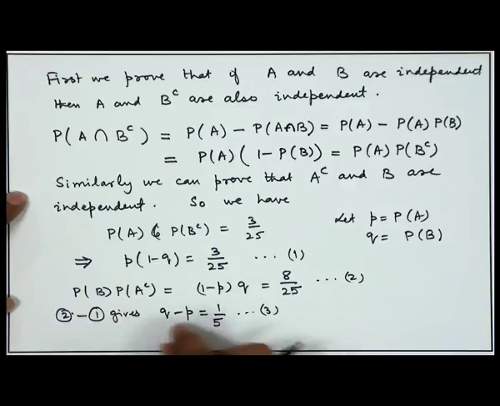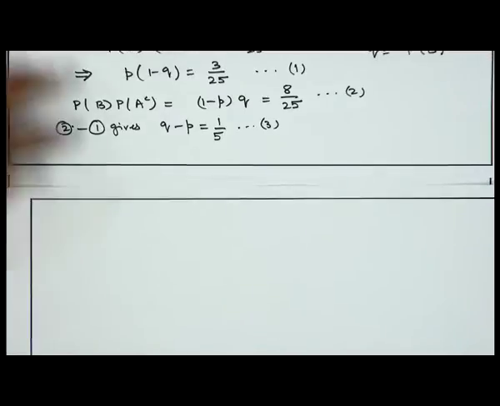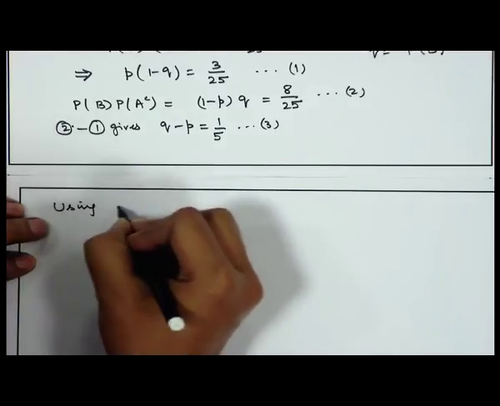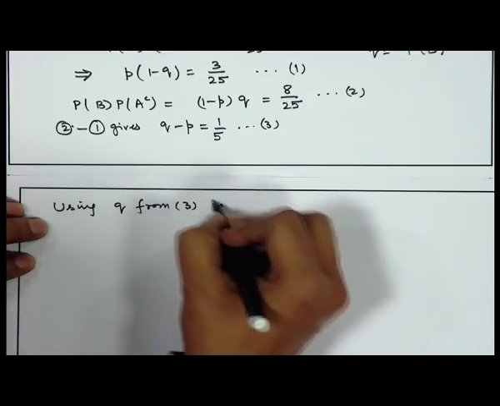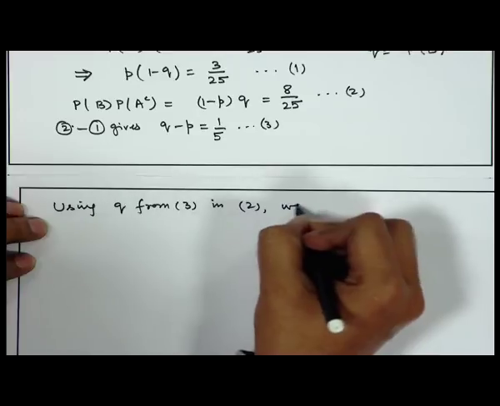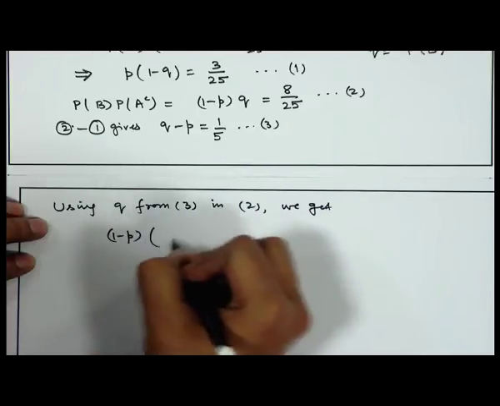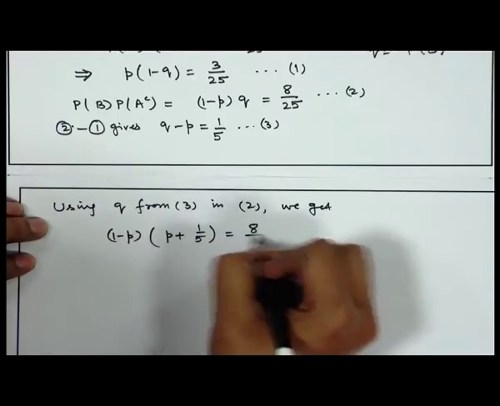Now, from one of these equations, suppose I put this Q value here. So, substituting Q from 3 in, say, 2, we get 1 minus P into P plus 1 by 5 is equal to 8 by 25.